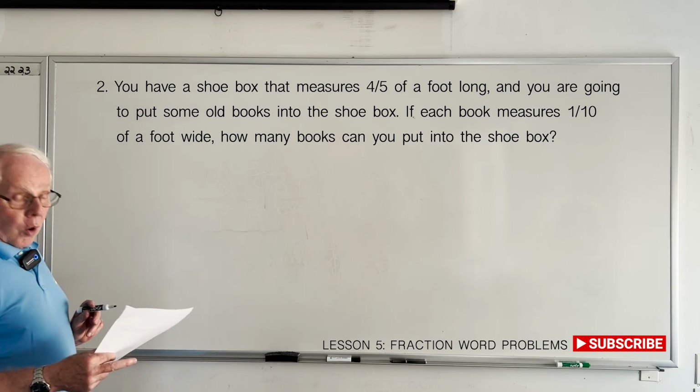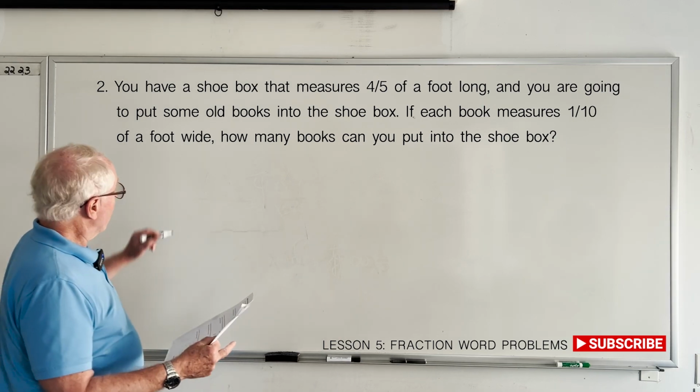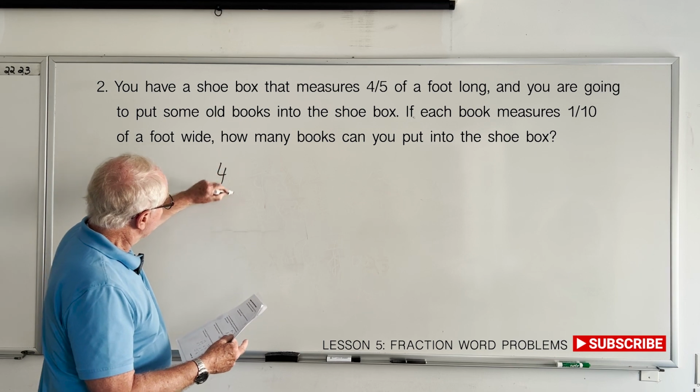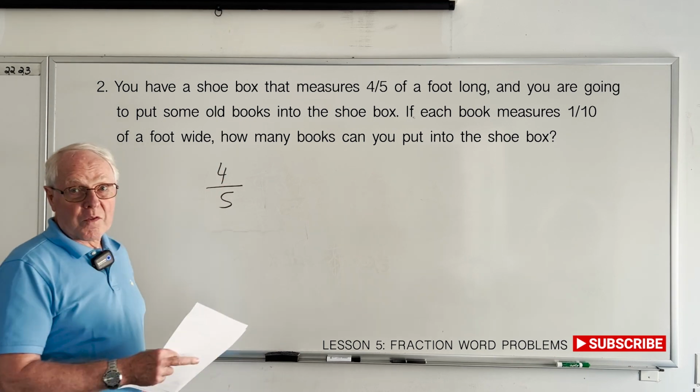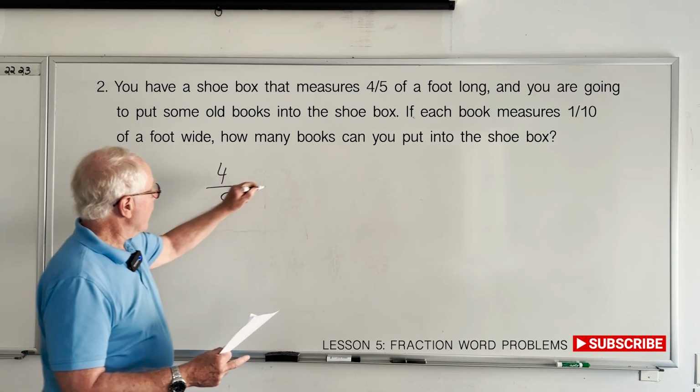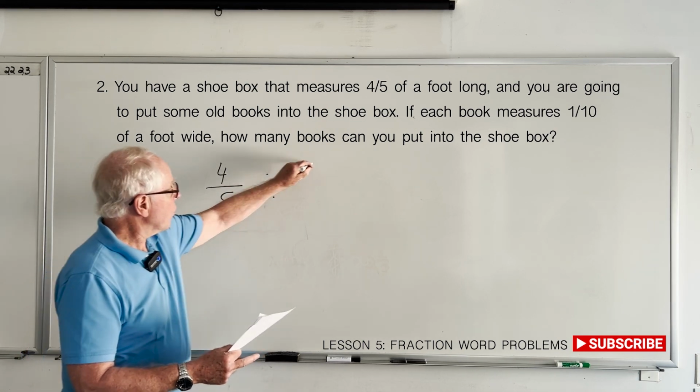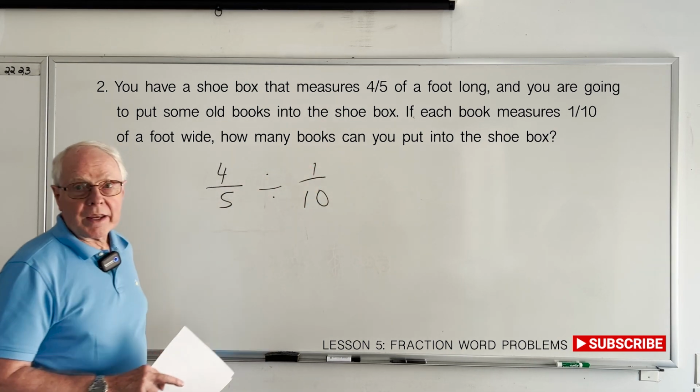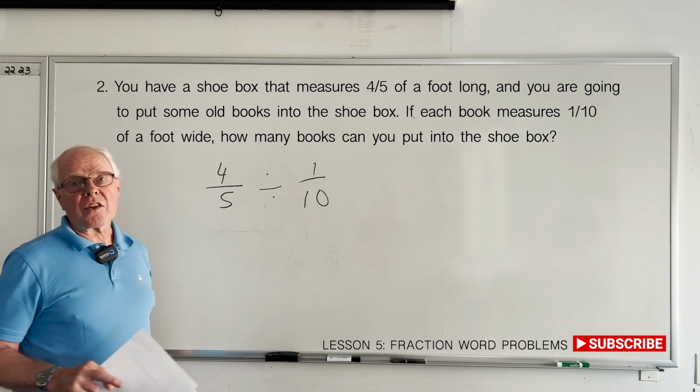Okay, I hope we agree that this is a division problem. Here's our box, which is 4/5 of a foot, and we want to divide it by 1/10. We want to know how many 1/10 fit into that 4/5.